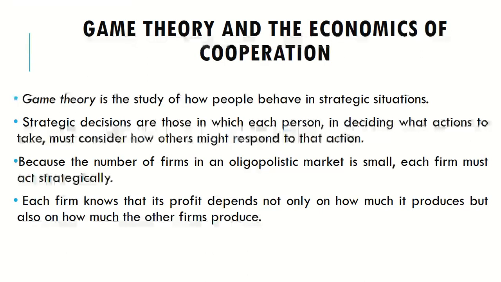Strategic decisions are those decisions where, when a firm is taking any decision, it always considers how the other firms will react, or make their own decisions. So these types of decisions are known as strategic decisions of the firm.